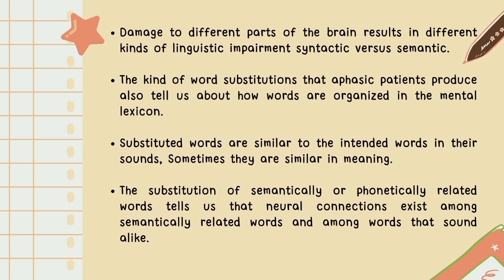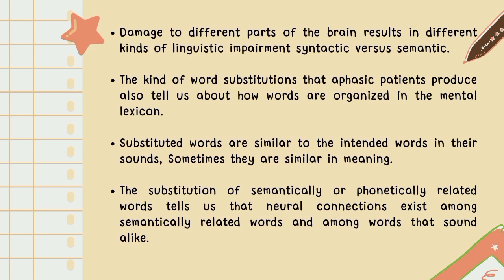We store words based on how they sound and what they mean. So words that sound similar or have similar meaning are often confused. The fact that people with aphasia often substitute words that sound alike or have similar meaning shows that the brain connects words that are related.